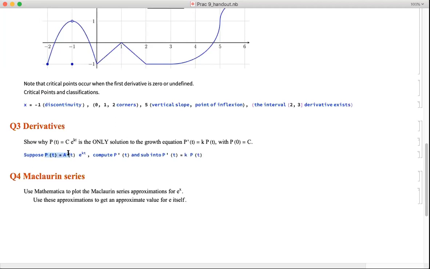Could you give me the derivative of P(t)? When you differentiate P(t), what do you get?